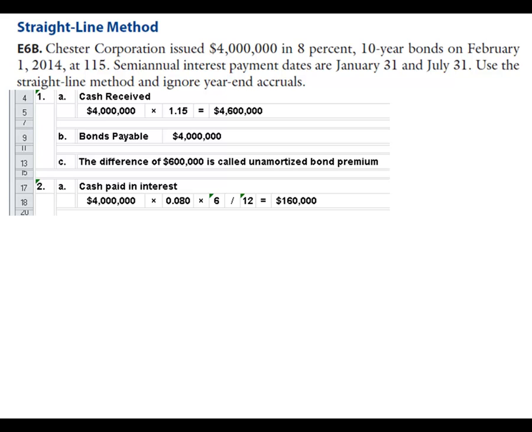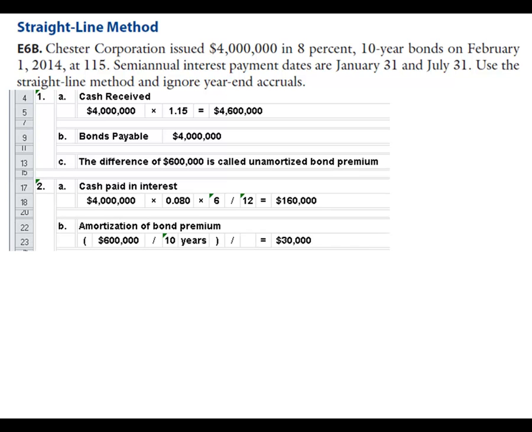The reason we do 6 over 12 is because they're semi-annual interest payments. That means they're going to pay interest twice a year, every 6 months, hence the 6 and the 12. You could also just divide by 2 if it's semi-annual. So the cash paid in interest every 6 months is going to be $160,000.